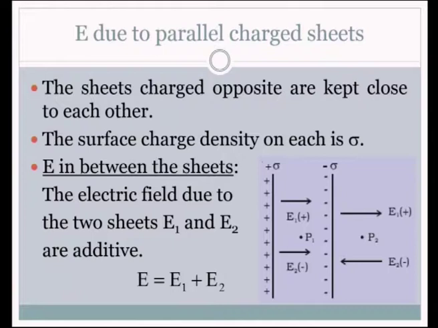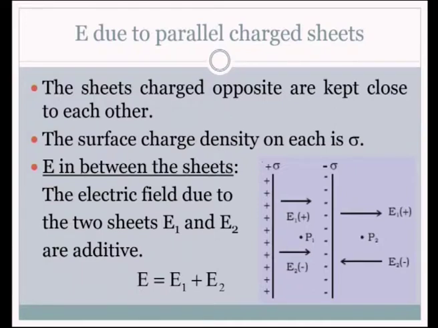That is the equation we need to use in finding the electric field due to parallel sheets. How the mathematical formulations are done and how the Gauss law is used for this, let us have the picture in front of us and then we will go ahead with the discussion. Electric field E due to parallel charged sheets.